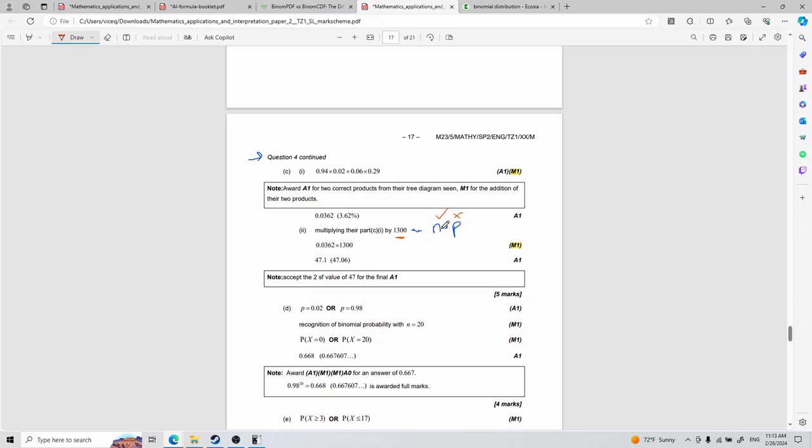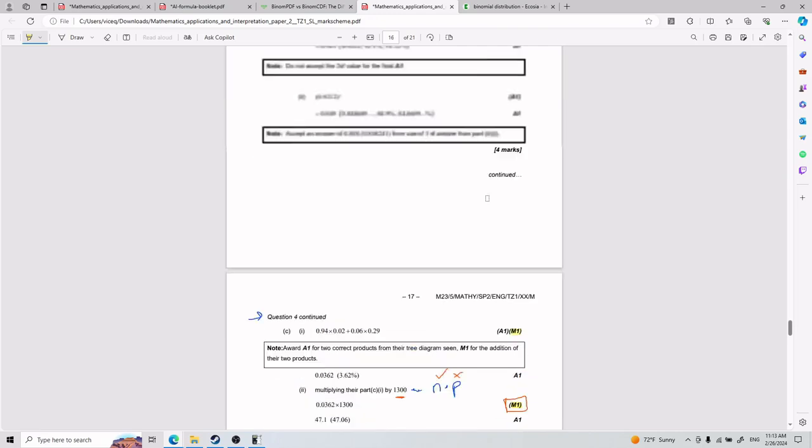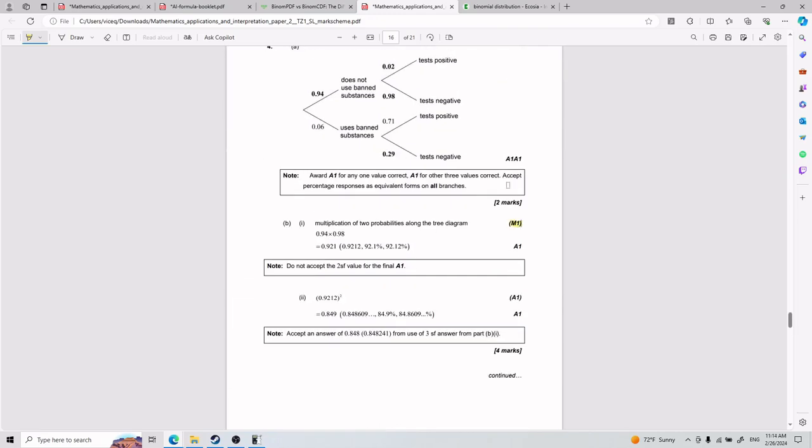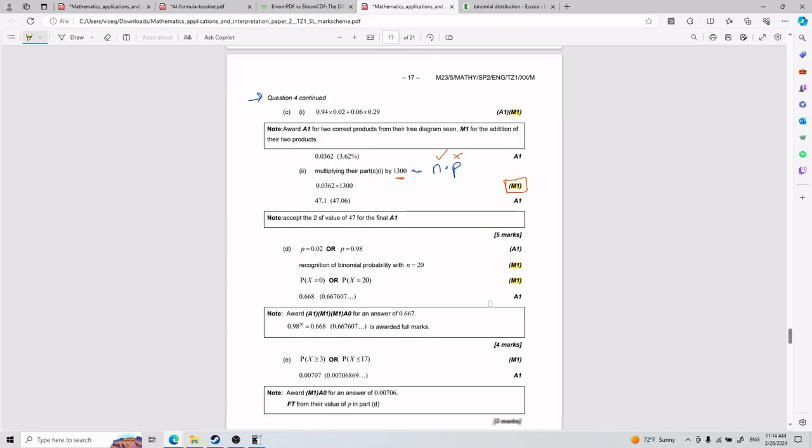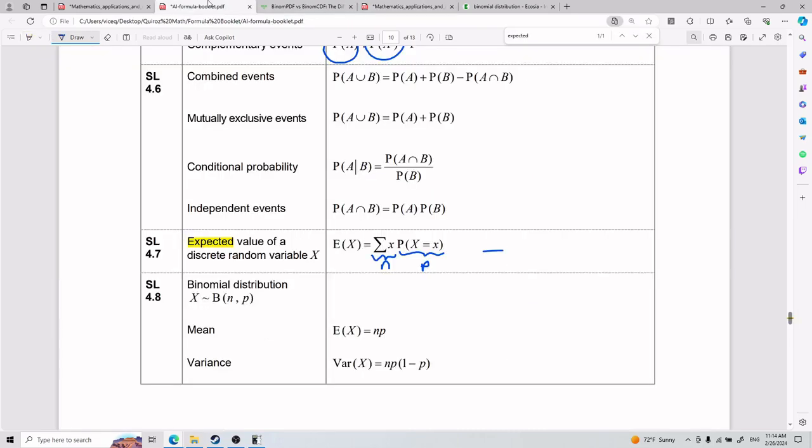If your n is correct, but your p is wrong, you still get one method point, okay? And as you can see, for what's coming, there's a lot of method points all over the place. See, there's method points here, there, etc. What I'm trying to say is, get points where you can. It doesn't matter that it's not 100% correct. You can still get method points.